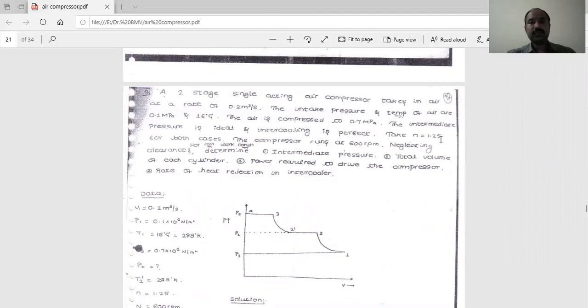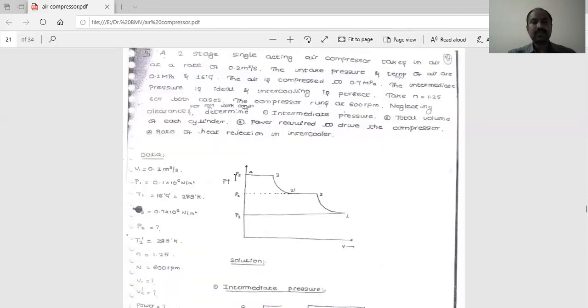Take n is equal to 1.25 for both cases. The compressor runs at 600 RPM, neglecting the clearance. Determine the intermediate pressure, total volume of each cylinder, power required to drive the compressor, and rate of heat rejection in the intercooler. These things we have to calculate.